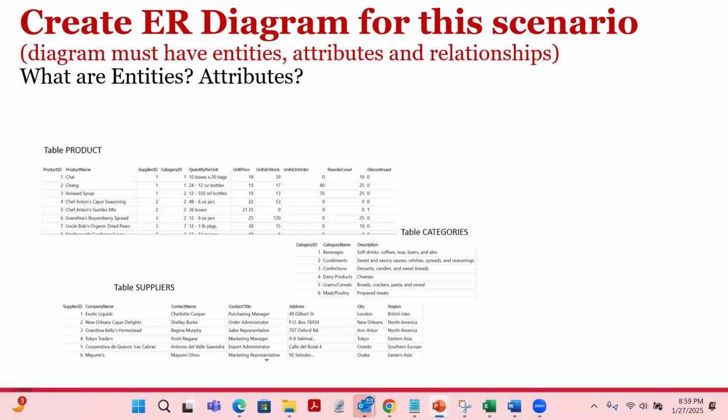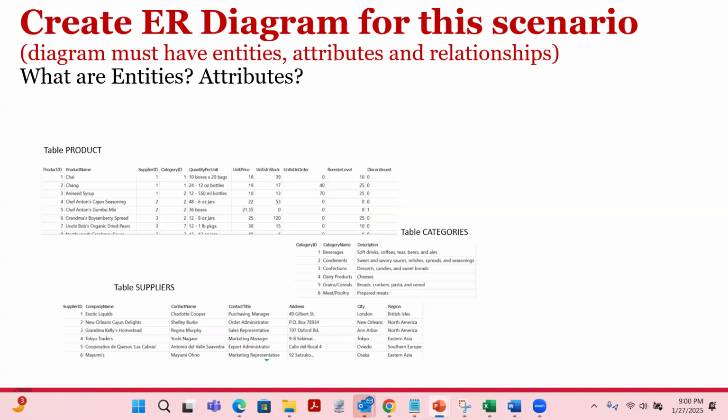So suppliers 4, 5, and 6 do not have any product. So while it's required for a product to have a supplier, because supplier is never empty here, not every supplier has a product. So it's mandatory for a product to have a supplier, but it is optional for a supplier to have a product.